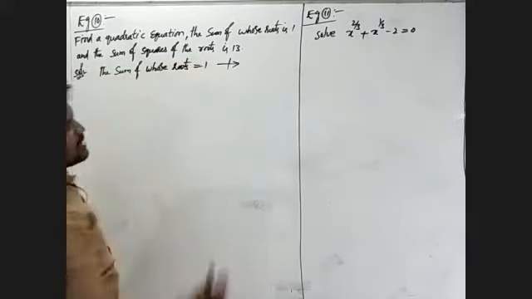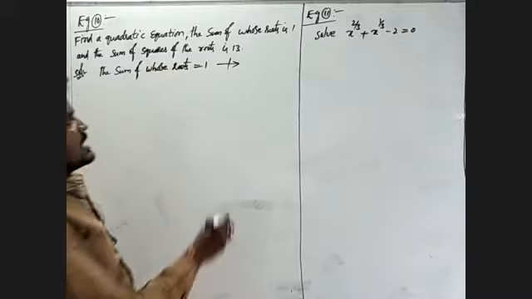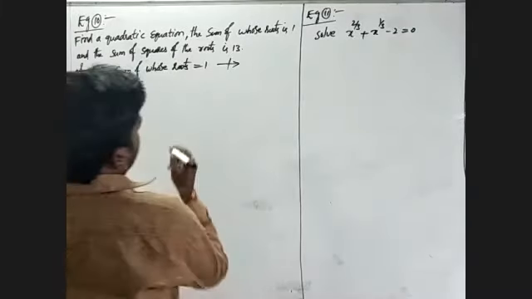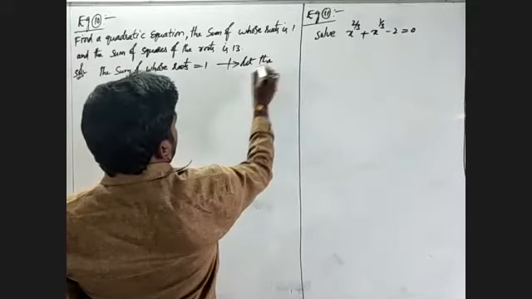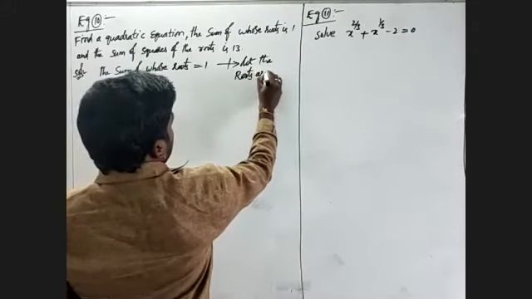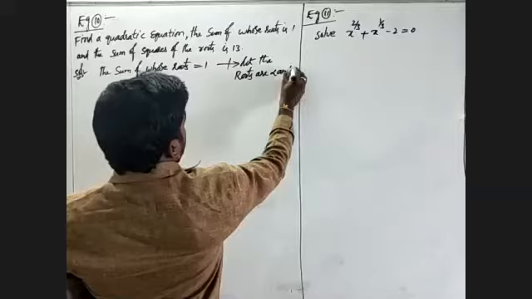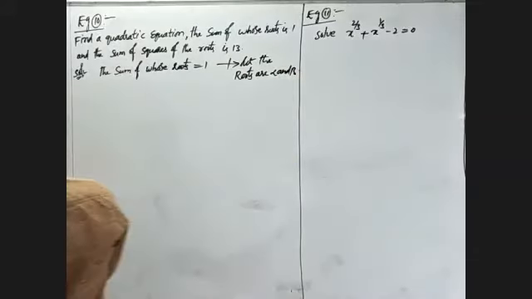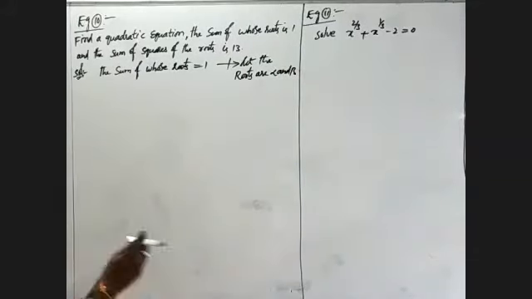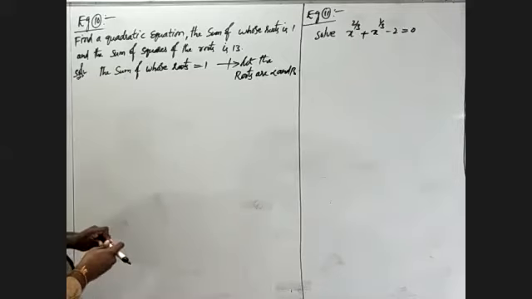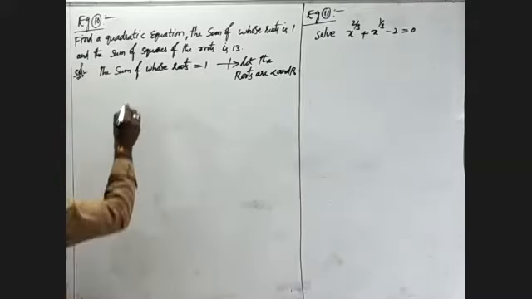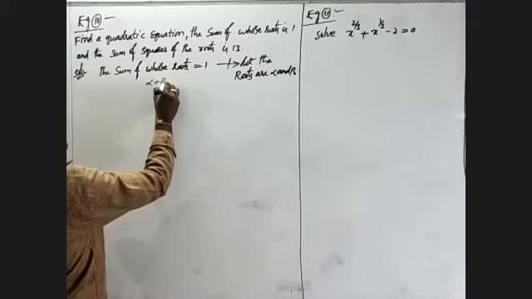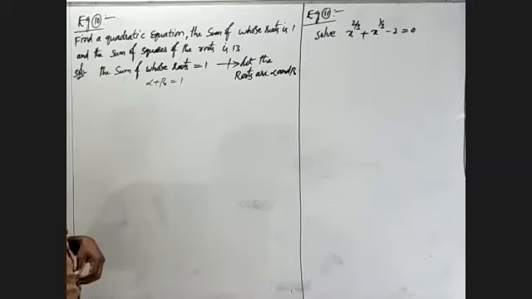Let the roots be alpha and beta. One root is alpha, another root is beta, so I will write alpha plus beta is equal to 1.